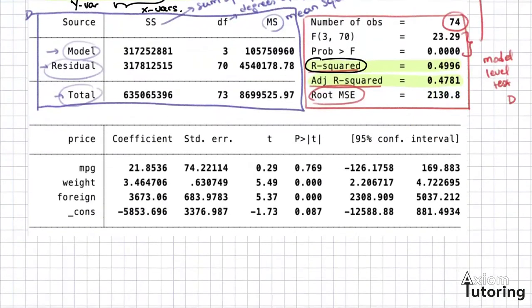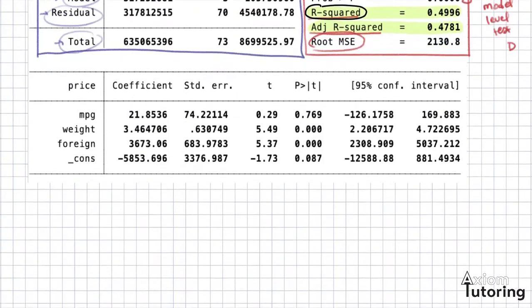The last element of this block was the root MSE. It gives you the typical size of the residual measured in the units of the dependent variable.